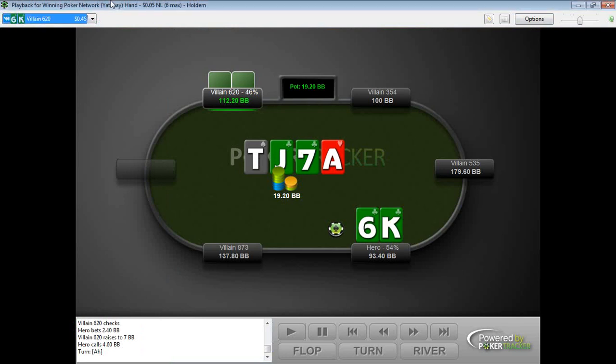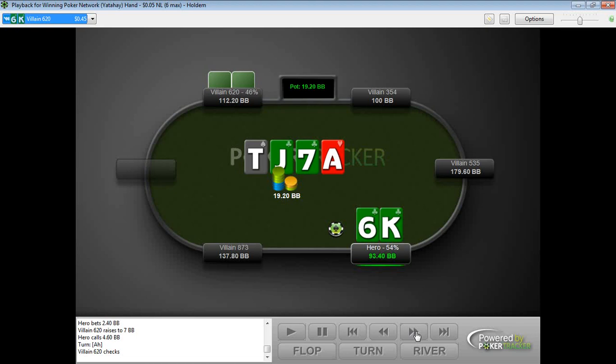So what can we do? Well, he checks. Well, we got to bet here. We have to bet here, and again, I think we can bet small, because if he has an ace, he's going to call it.